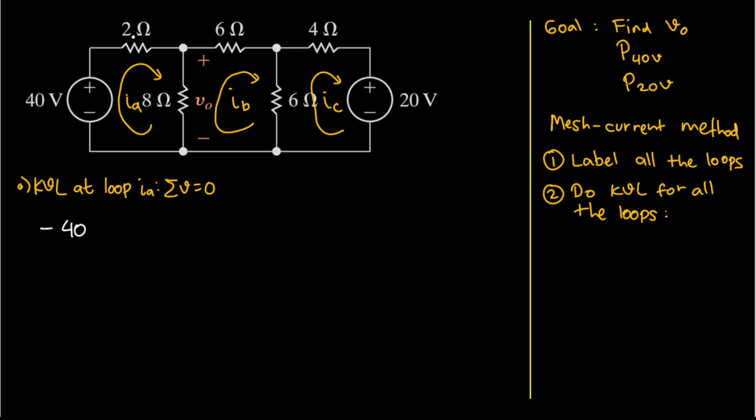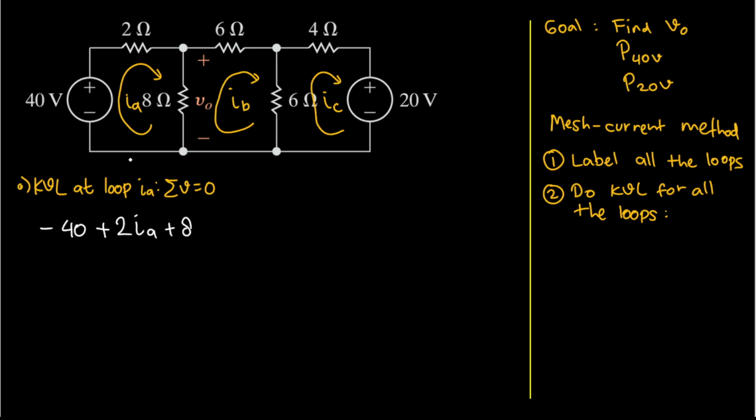Good, and then what's next? Let's move on to this 2 ohm resistor. So I will need to add 2 with it. But this 2 is a resistor. We need voltage, and to get voltage from resistance, we need to multiply it by the current. The only current that passes through it is IA, so I will have IA here. Good. Now let's move on to this 8 ohm resistor here. So I will have 8 there.